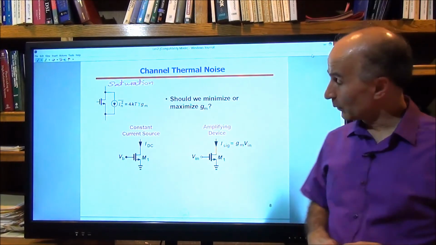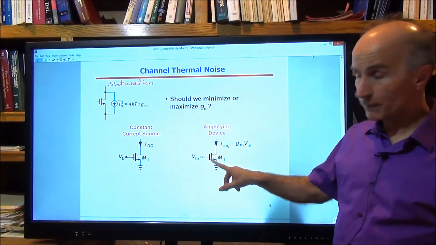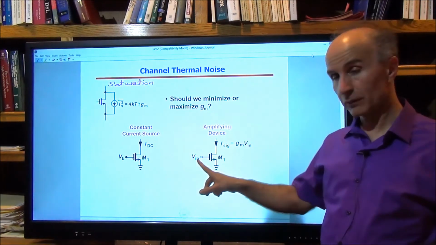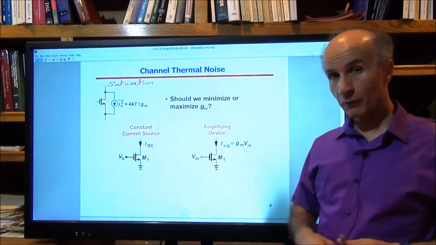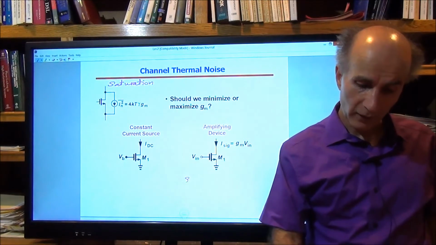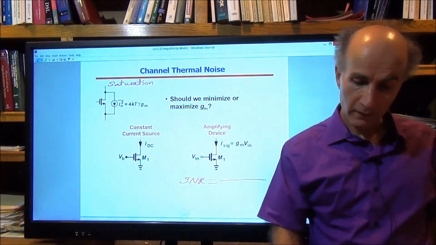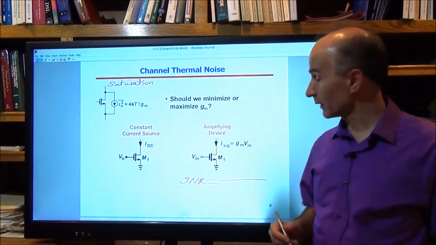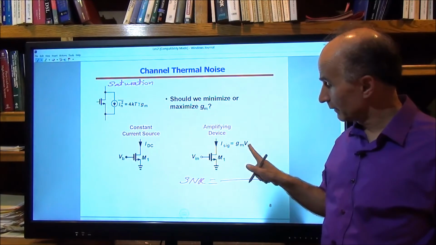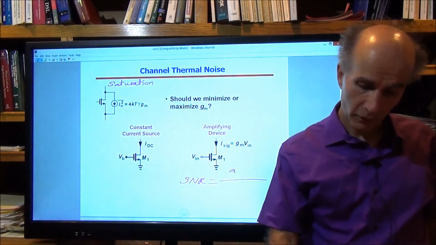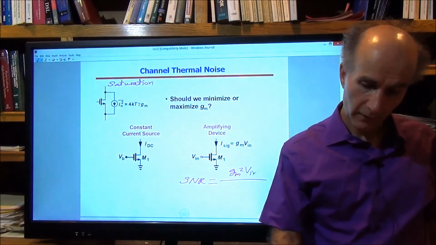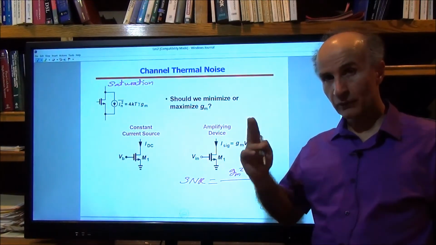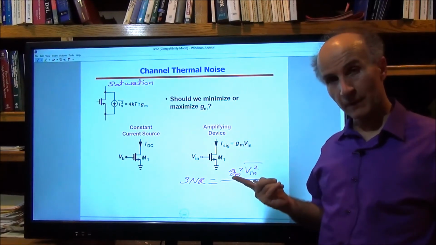We know that the signal current produced by this MOSFET is equal to the GM of the device times the input voltage. So for the signal to noise ratio, the output signal power is given by GM squared times V in squared. Remember always the magnitude squared of the transfer function, which is GM in this case.